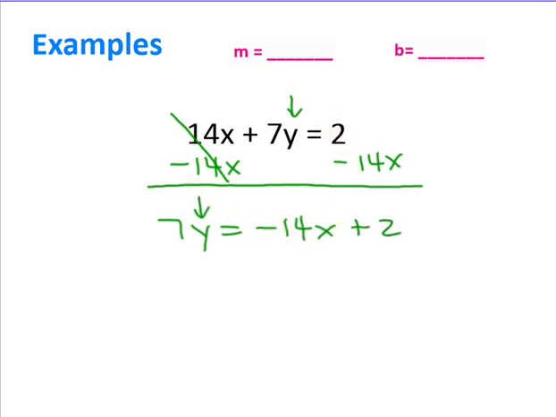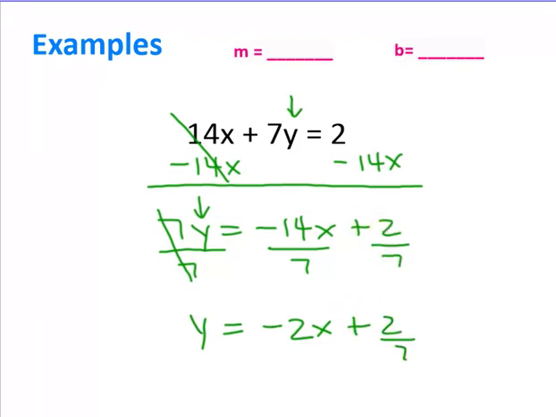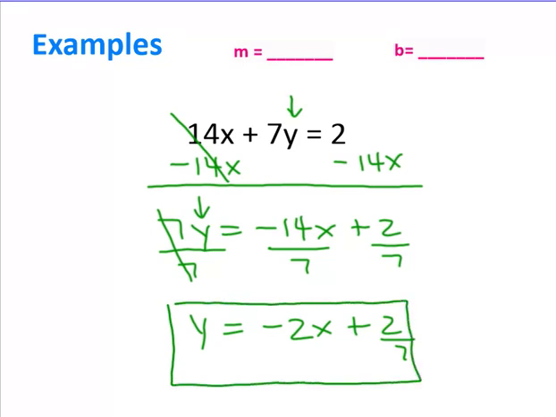Now, I still have something attached to the y, and the whole point is to isolate the y. So I'm going to divide everything by 7. 7 over 7 cancels, so I have y equals negative 14 over 7 is negative 2x, and then 2 over 7 stays 2 over 7, because that cannot simplify anymore. So my slope is negative 2, and my y-intercept is 2 over 7.